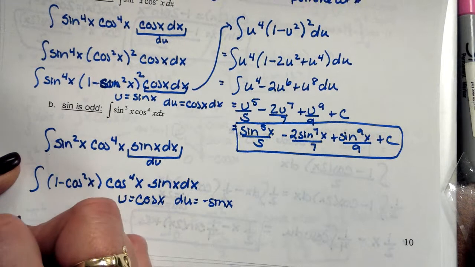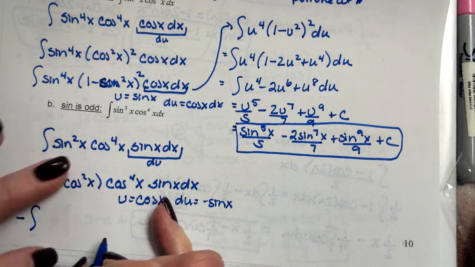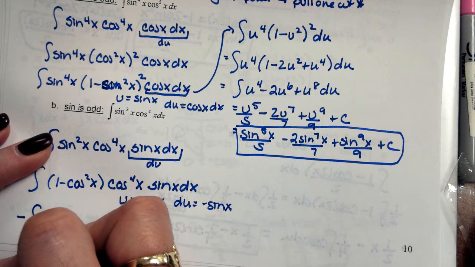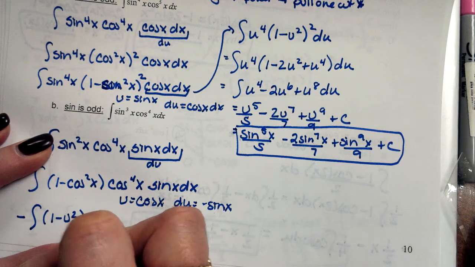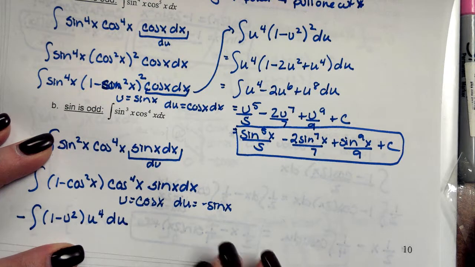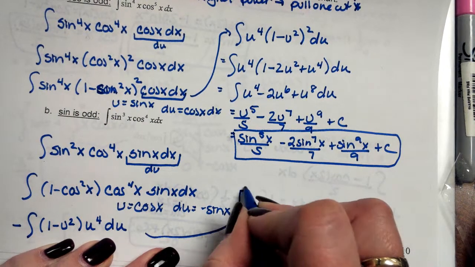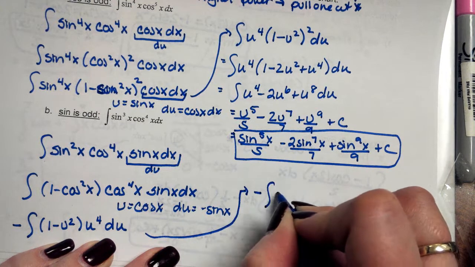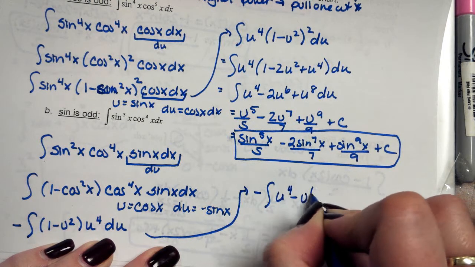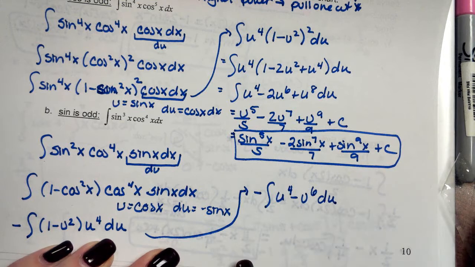So I'm going to pull the negative sign out and rewrite my integral in terms of u. So I have 1 minus u squared times u to the fourth du. So I need to distribute. Don't drop that negative sign in front of your integral. So I have u to the fourth minus u to the sixth du.